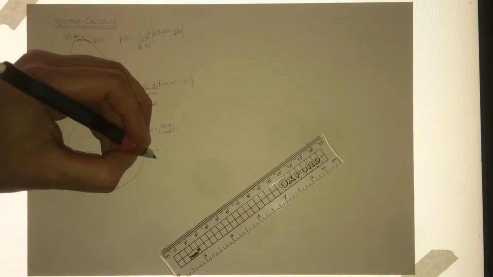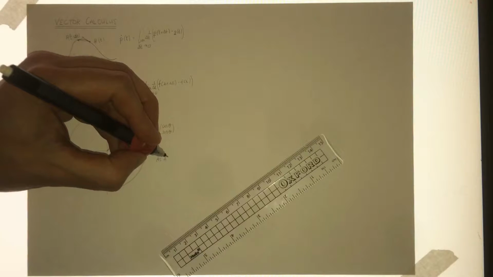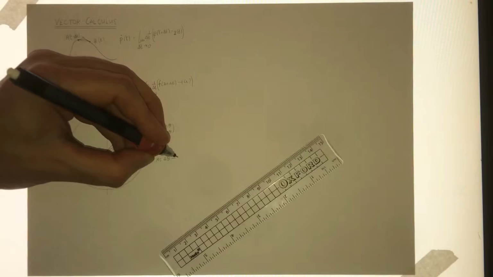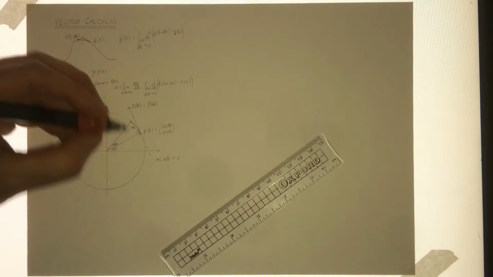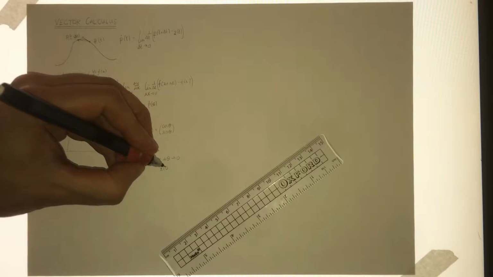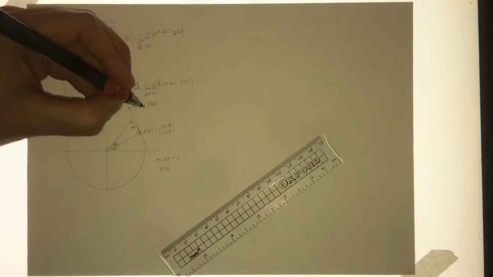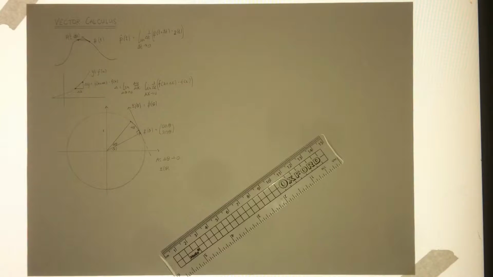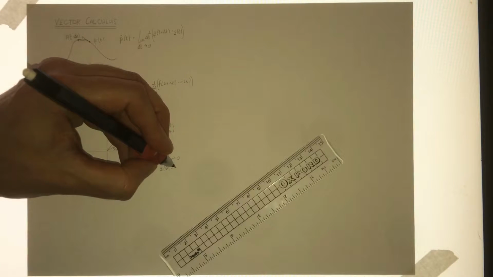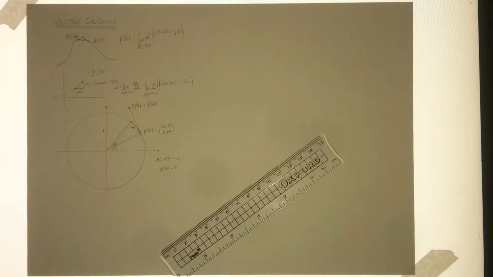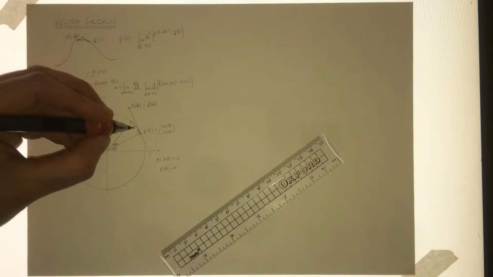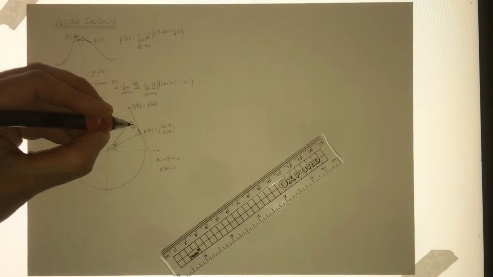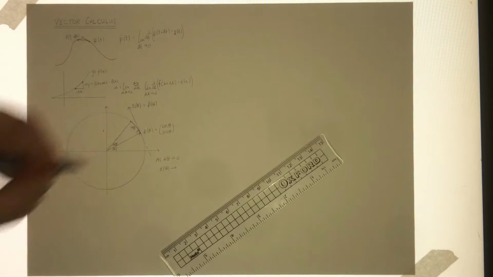So can you see that as delta theta tends to 0, the velocity at theta is going to approach this vector, but with a length of delta theta.